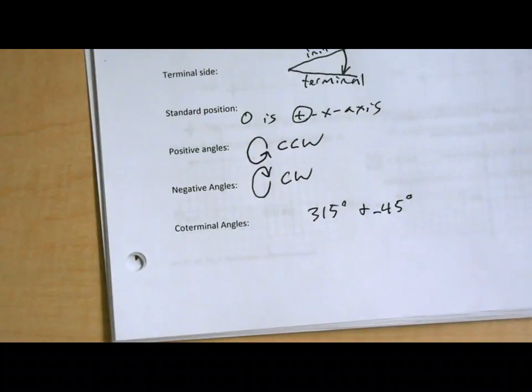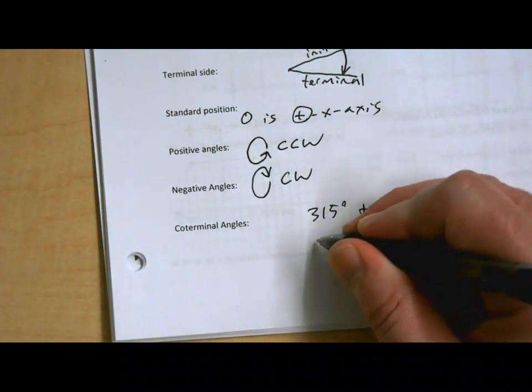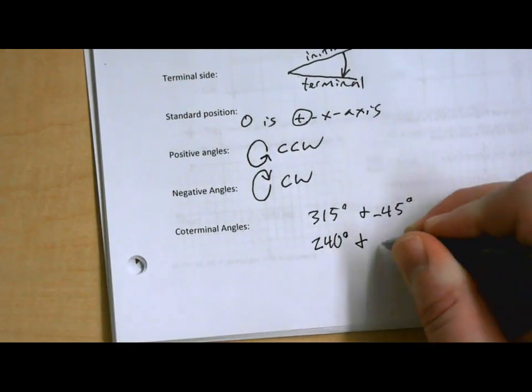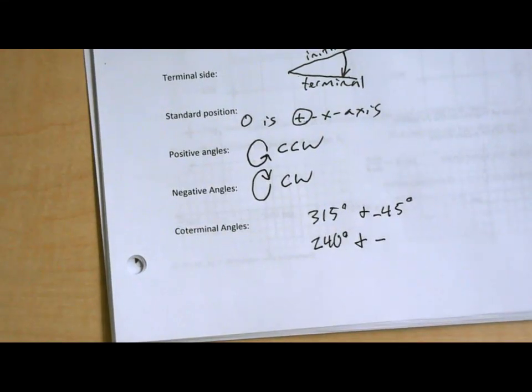I'm going to give you some other angles, and I want you to find me a coterminal angle with it. Okay? So what if I told you I had a 240 degree angle? Could you find me a negative angle that would get me to the same spot?